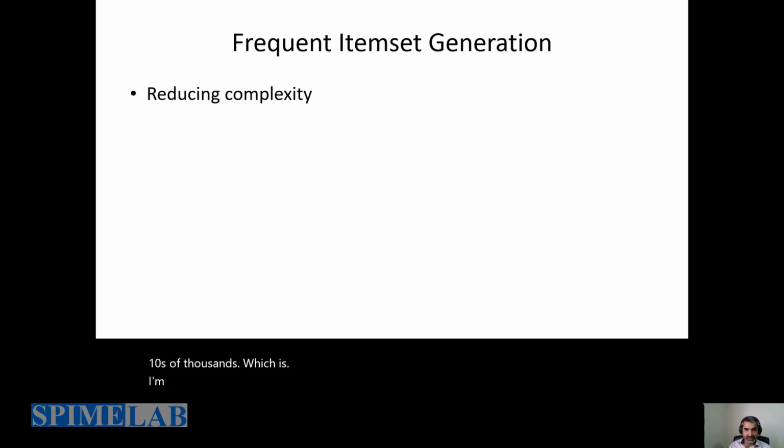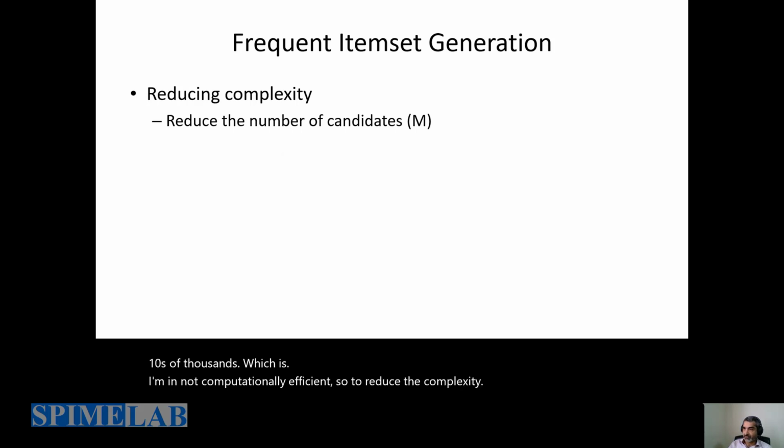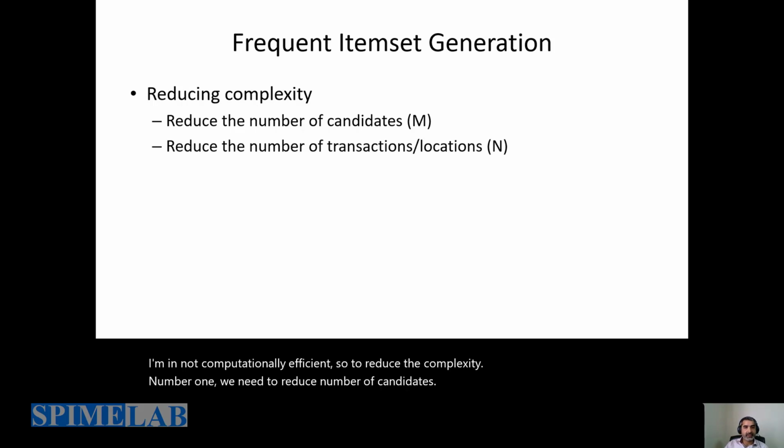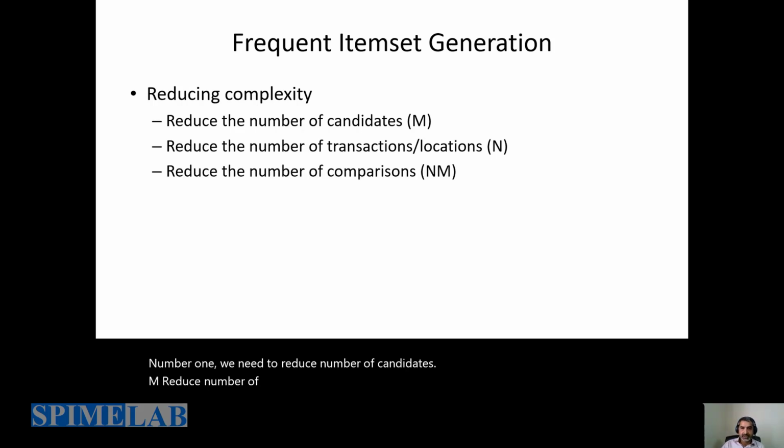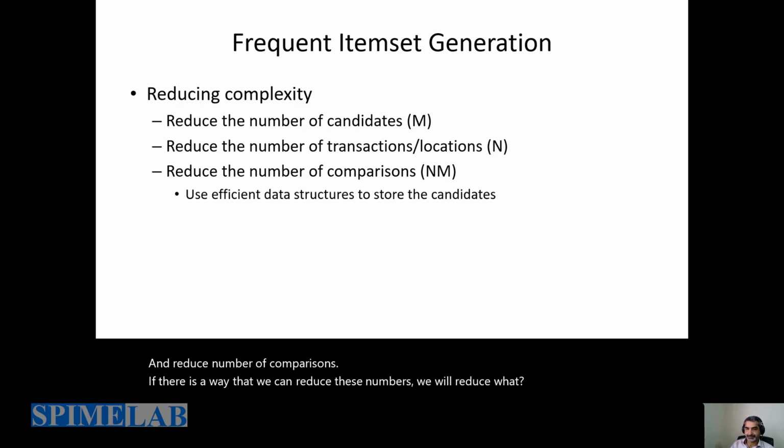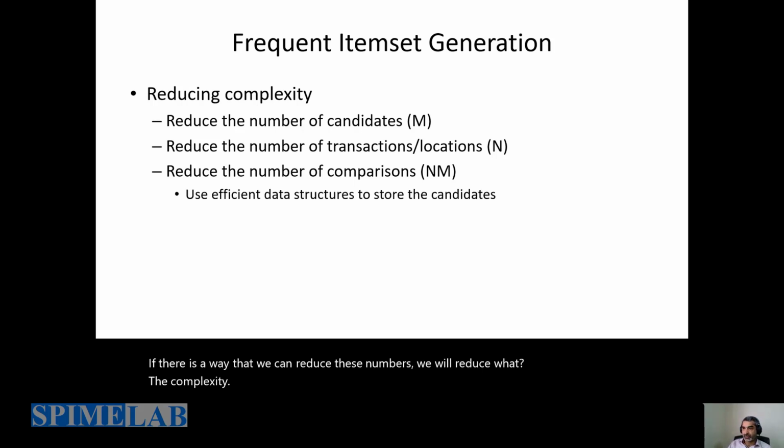not computationally efficient. So to reduce the complexity, number one, we need to reduce the number of candidates, M, reduce the number of transactions, and reduce the number of comparisons. If there is a way that we can reduce these numbers, we will reduce what? The complexity. There are two options.